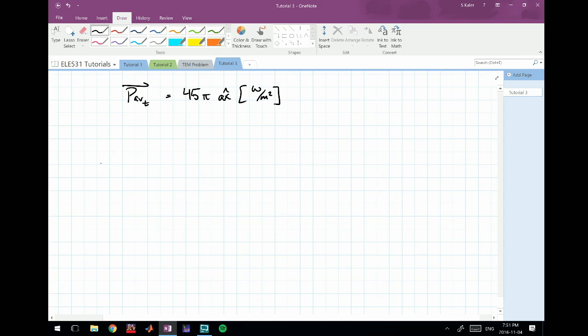Now it asks the percent of incident power transmitted to region 2. Can anybody tell me what that is?